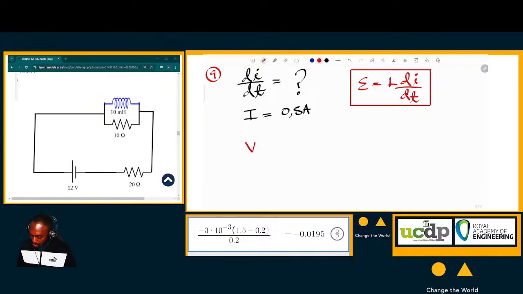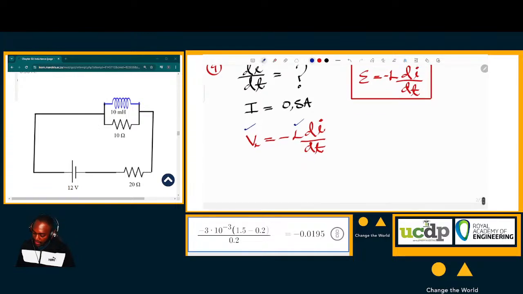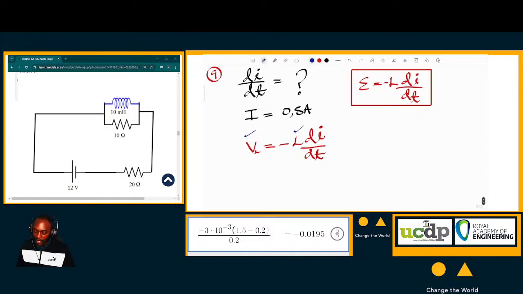So the voltage across the inductor would be equal to negative L dI over dt. Now what can we do to find the voltage across the inductor? If we get the voltage across the inductor, the inductance we already have, which means that to find dI over dt would now be straightforward, right?